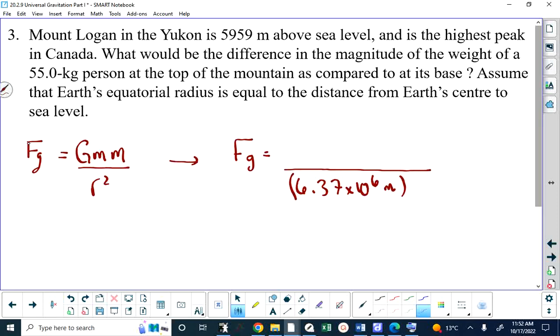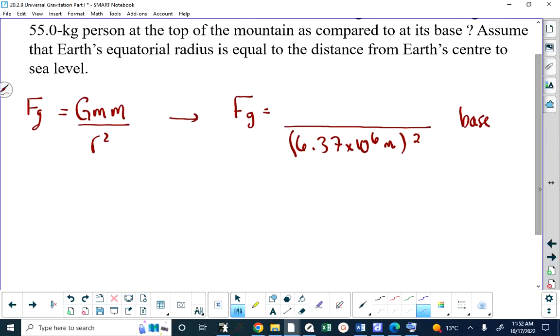And by the way, later on in the week, we're going to do a calculation of what our altitude above or below sea level is based on 9.81. And you'll see that it's not quite sea level. It's darned close, but it's not exact. You're going to have to do one calculation with that as a distance. Don't forget to square it. And this will be at the base of the mountain.